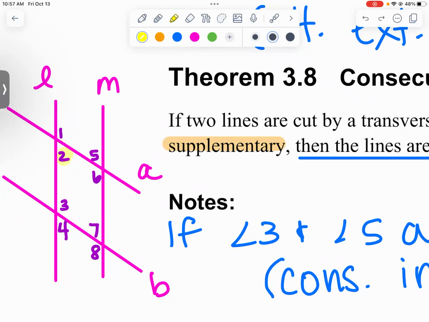All right. What about 2 and 5? 2 and 5 are what kind of angles? Alternate interior angles. Which one is the transversal? A is the transversal, so our two parallel lines are L and M. Okay, what if I said that 3 and 7 are supplementary?